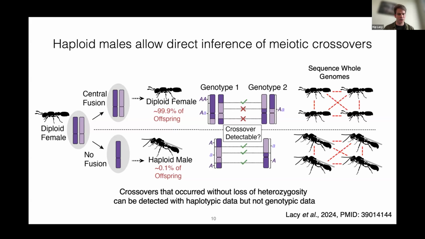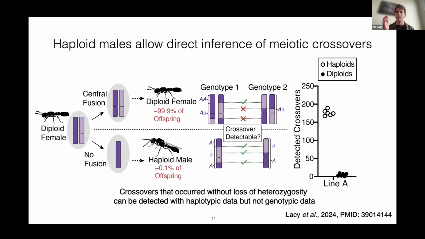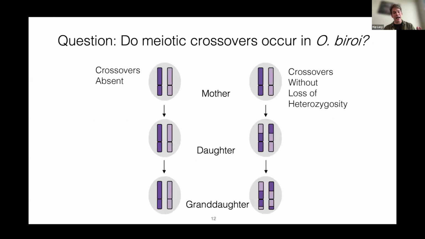And what I found was hundreds of crossovers among haploid genomes, but fewer than 10 crossovers among diploid genomes. The same story in 2 different clonal backgrounds, just emphasizing that it really does seem like, rather than crossovers being absent from meiosis, crossovers seem to occur, but without loss of heterozygosity.